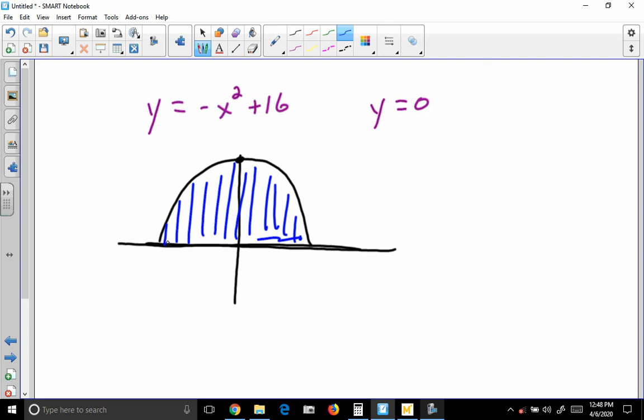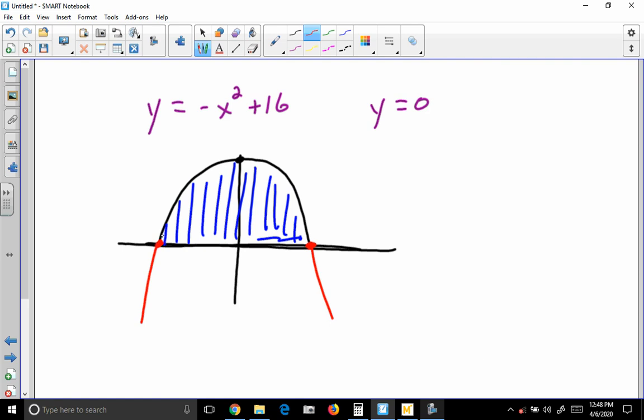So we need to find out where they intersect. This one is going to be hopefully easy enough to figure out, but if we had a harder function, in order to find our interval, we need to know these points of intersection where the horizontal line intersects that particular curve or that parabola.